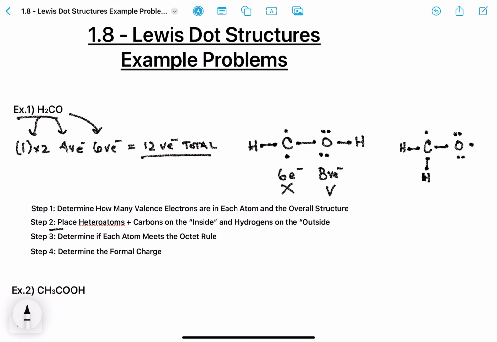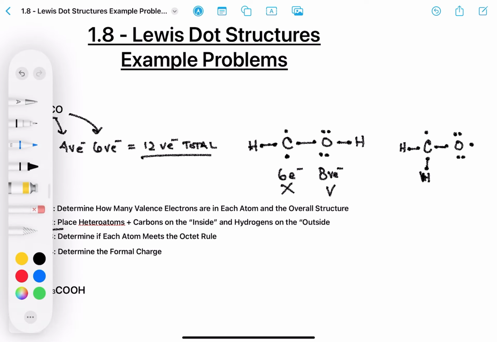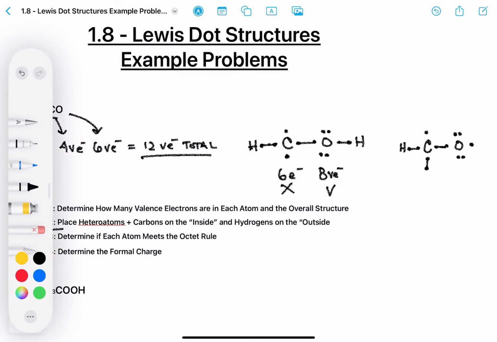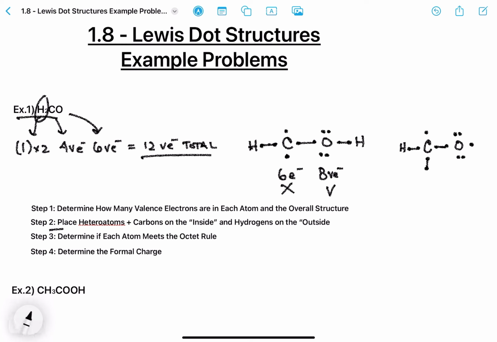Now, the structure already suggests that the 2 H's are on that carbon, but I drew it another way to show you that there are multiple possible attempts at getting the right structure. So if you don't get it on the first try, that's okay. You need to reassess what needs an octet.